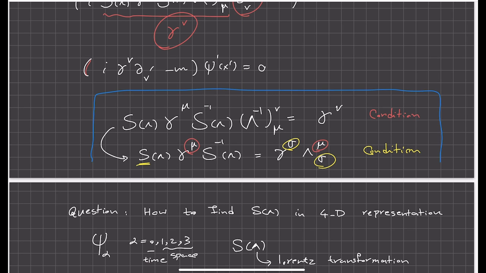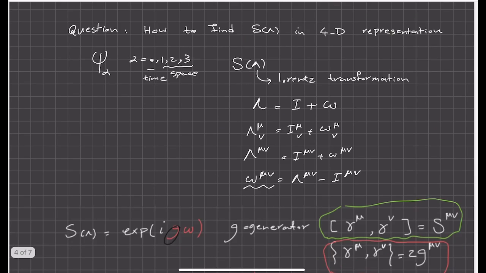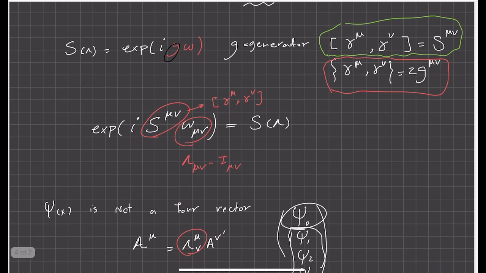These are the conditions we derived from the Dirac equation that S should satisfy. So it's a connection between the gamma matrices and this representation of the Lorentz transformation. And then we expressed how to find this representation of the Lorentz group.